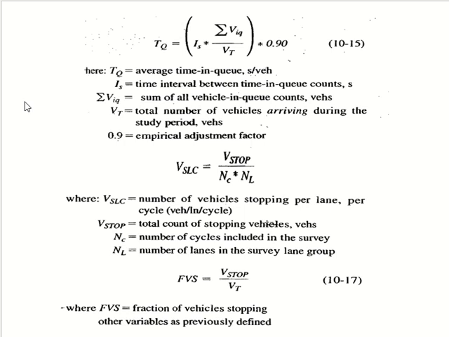Yes. We need what? Vehicles stopped. Okay. Per lane. So I need the number of lanes. Per cycle. So I need the number of cycles. What do we mean by a cycle? Yes, the start of one red to the start of the next red.